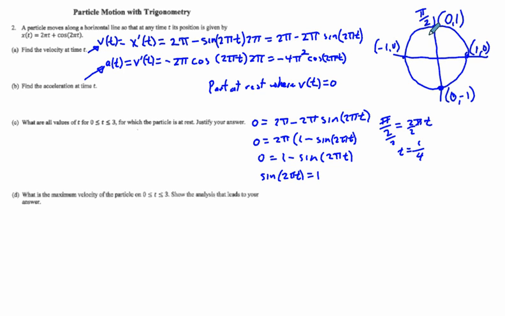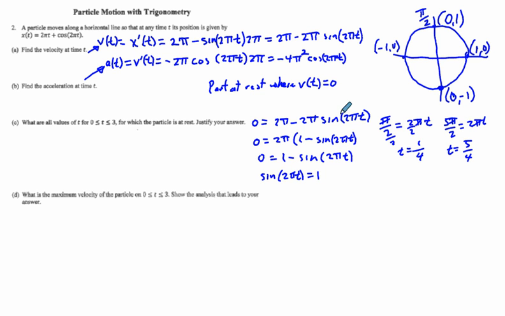So we have pi over 2 down here at 3 pi over 2, and we go another half circle to the top, we have 5 pi over 2. So we can also say 5 pi over 2 is equal to 2 pi t, and again canceling out pi and dividing by 2, we have t is equal to 5/4.